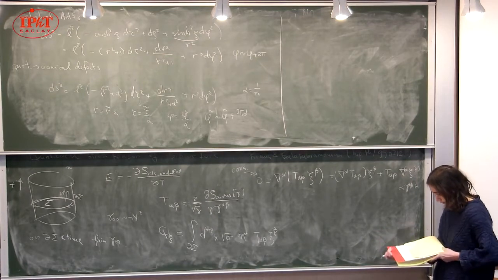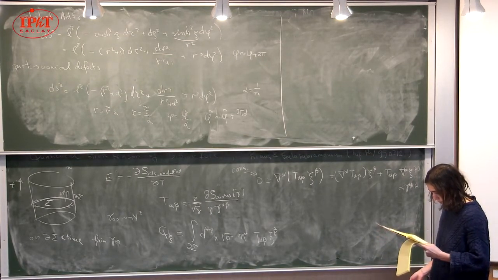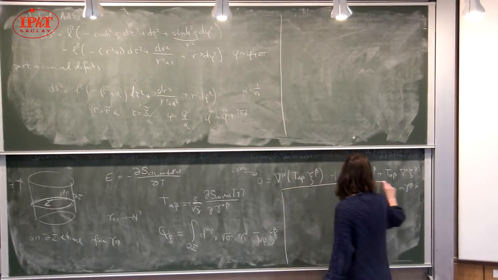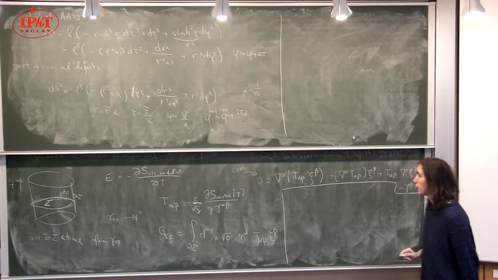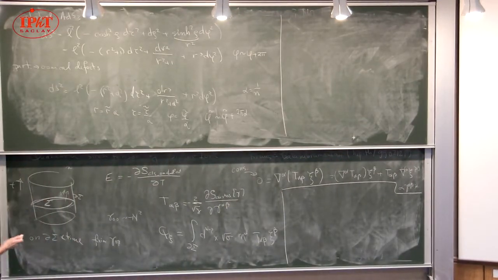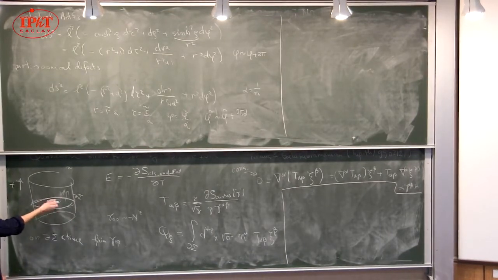So the Brown-York tensor is given by a very simple formula. As I say, what they want to do is consider the stress tensor for this box region, and they want to fix the metric at the boundary of the box.